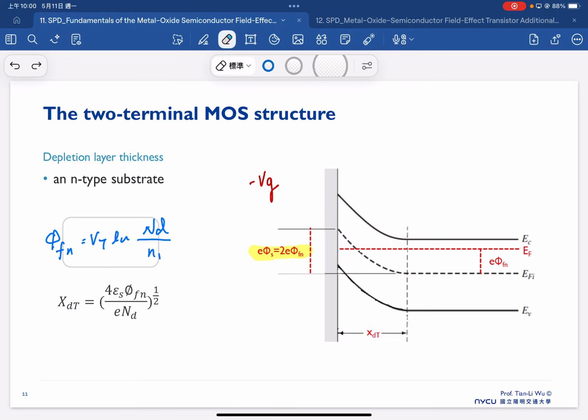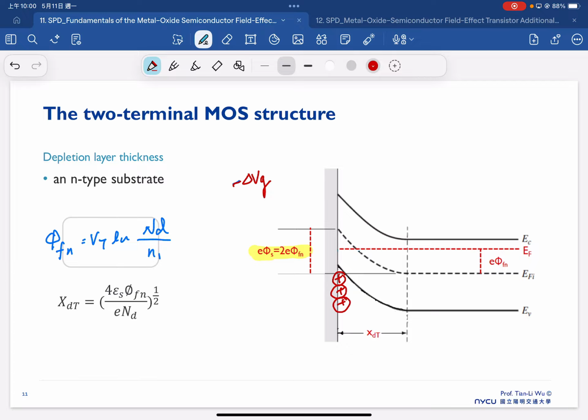Similarly, the additional negative delta Vg will only be reflected as an exponential increase of the hole concentration, and therefore we still reach the maximum space charge width here. So this is the case for the N-type substrate.